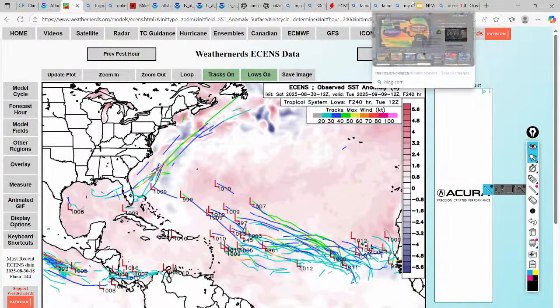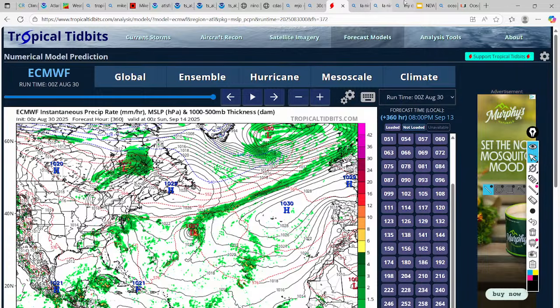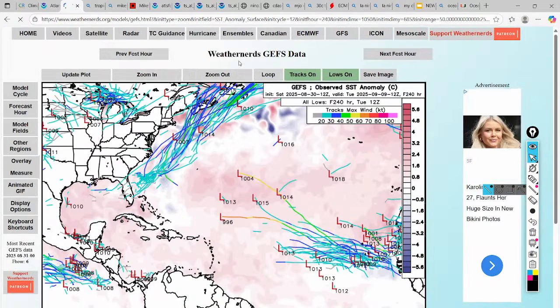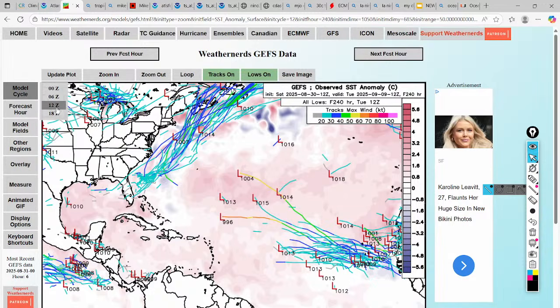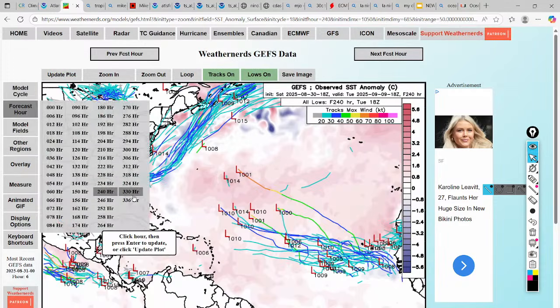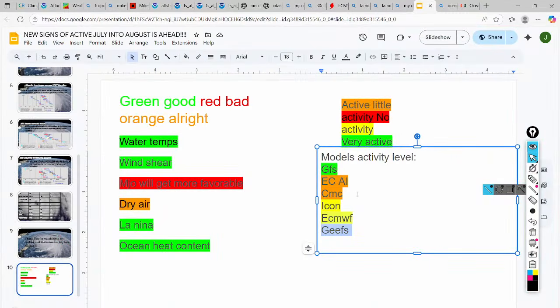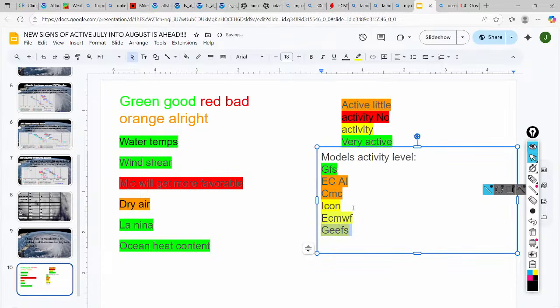European ensembles is active. I didn't look at that. GFS, generally no. No, it does show activity in the long range. GFS is yellow.